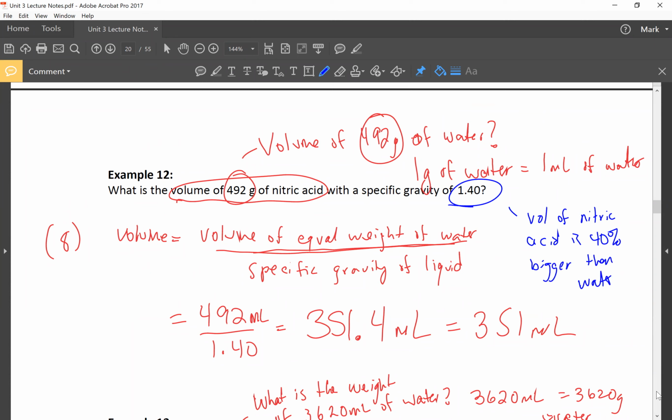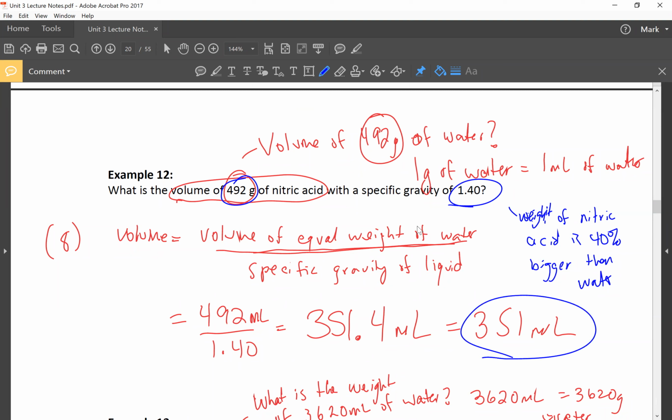Or sorry, not volume, mass, or weight, I should say. Why did I change volume to weight just then? Because this was given in weight. So the weight of the nitric acid is that much bigger, which means my volume will be less.